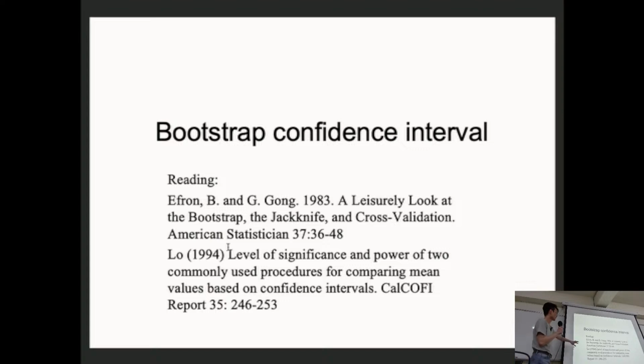This is the simple paper I asked you to read last week, and I also recommend reading it. It's a very old paper, not really to do with the bootstrap, but about the idea of the confidence interval for the t-test.